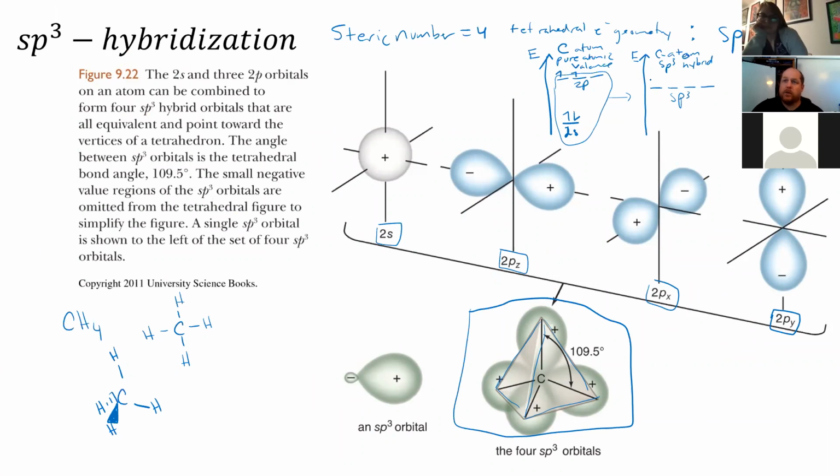And so when I put those electrons into the sp3 hybrid orbitals, each of those electrons will be in an orbital by itself, and those electrons are available for the bonding of the carbon atom to its surrounding atoms, for example, with methane.